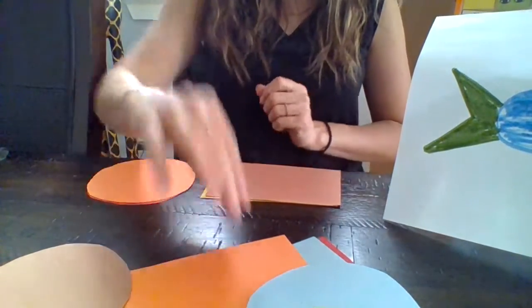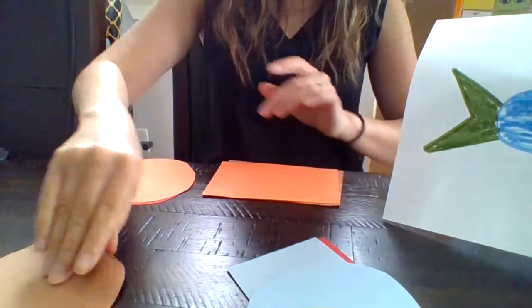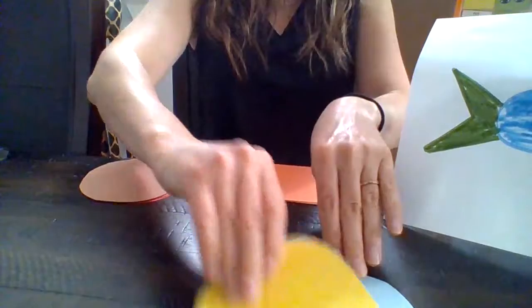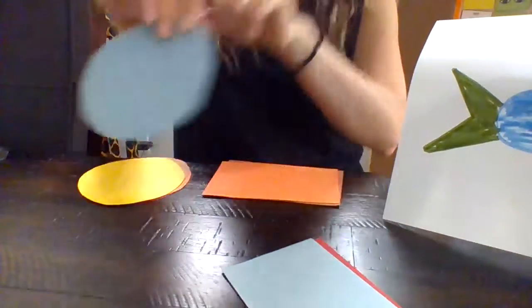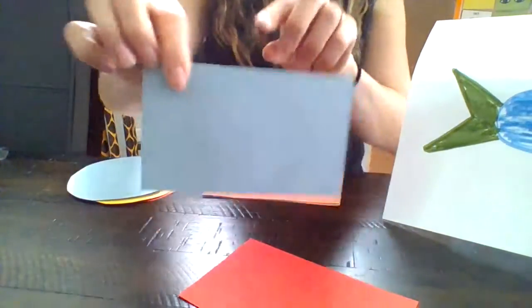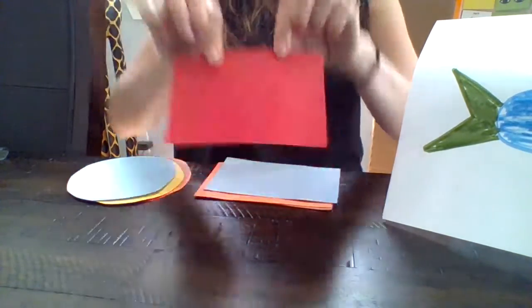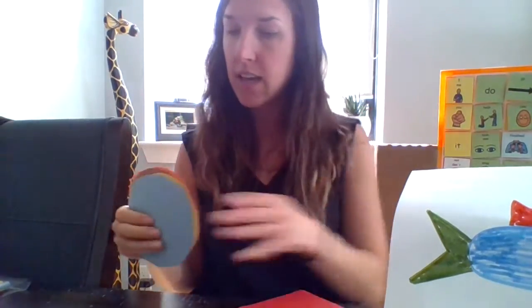Set it there. Rectangle. Circle. Circle. Circle. Rectangle. Rectangle. So that's one thing you can do with this activity right at the beginning: you can sort the shapes into the same.